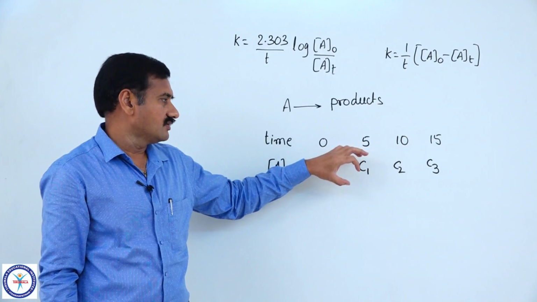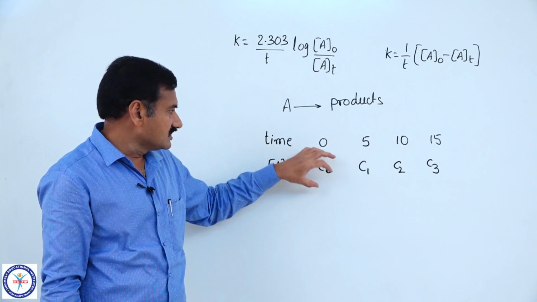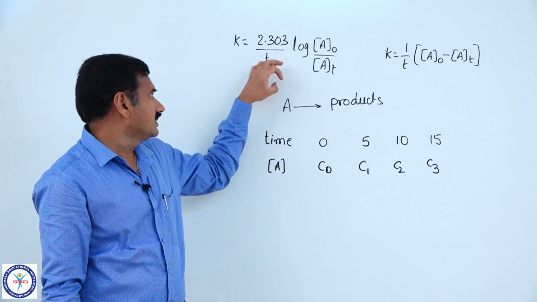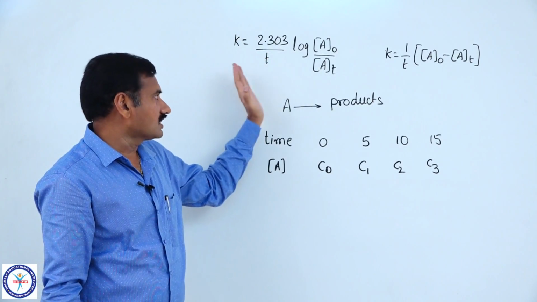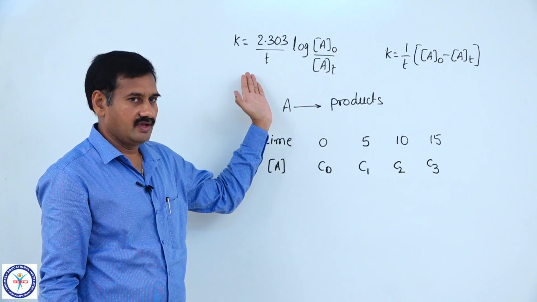Using this data, by substituting these values in this equation, we check whether we get the same value of K at all times.